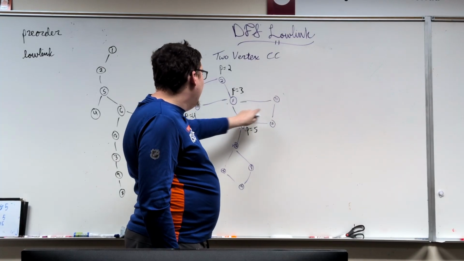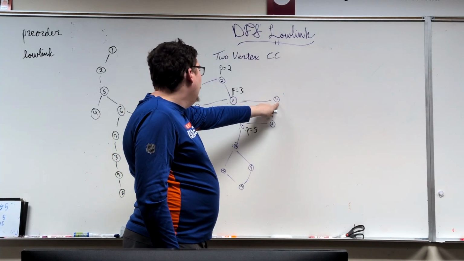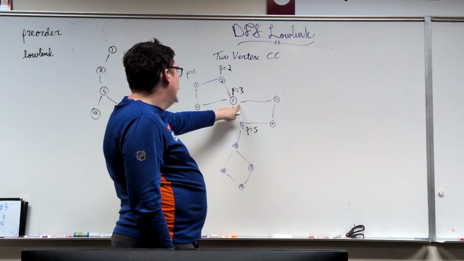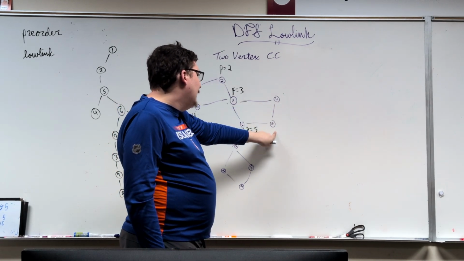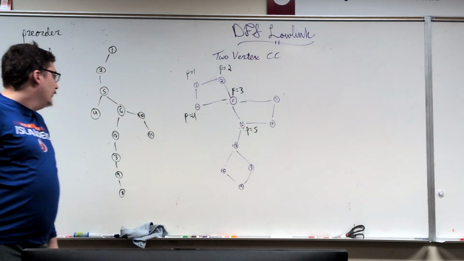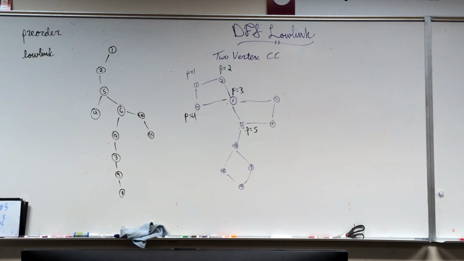But because there's an edge connecting 11 and 5, 11 can reach a pre-order of 3. So that means 11's Lowlink would be 3, and 10's Lowlink would also be 3. So essentially what Lowlink tells us is how far up our DFS tree we can escape to.